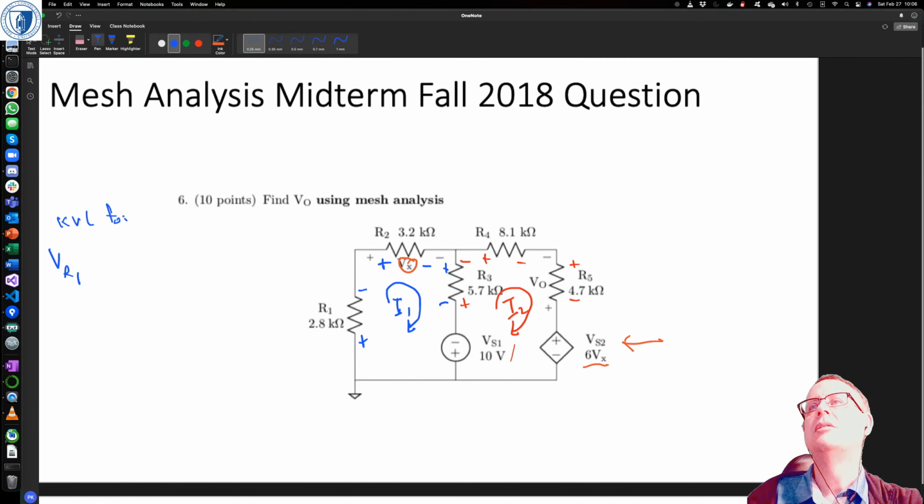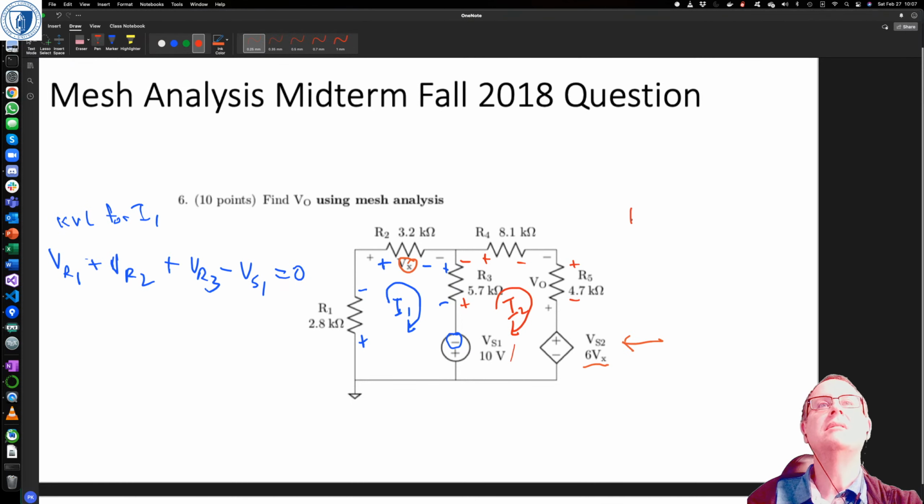KVL for I1 is VR1 plus VR2, sorry, my tablet's moving around a little bit, plus VR3, minus, because we're going around that direction, minus VS1 equals 0.